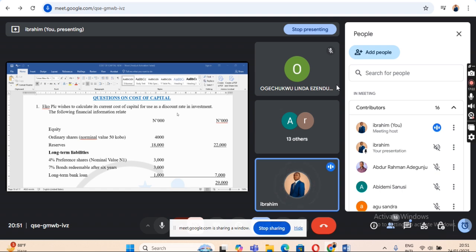Your reserve is not a source of finance because your reserve is for a specific purpose. It may not be for investment. You are not sourcing for your reserve. You want to use it for something else, right? So that is why you can't classify reserve as part of your sources of finance, right?